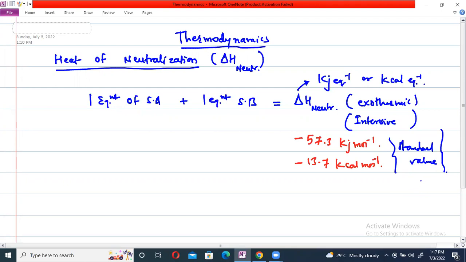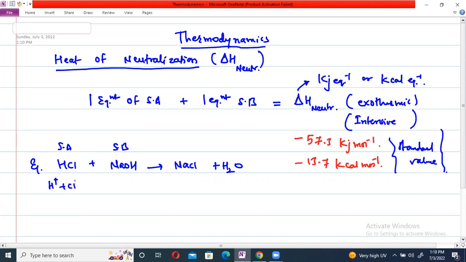Now let us go with one example here. I have a strong acid, HCl, and a strong base, NaOH. Obviously, they combine together to form salt and water. HCl can be written as H plus, Cl minus.